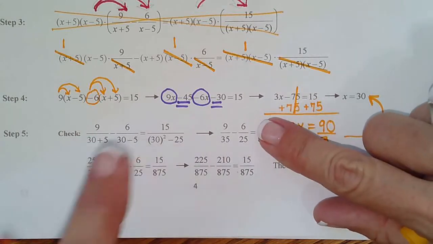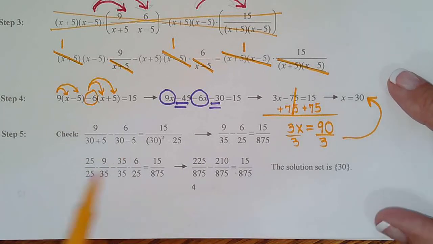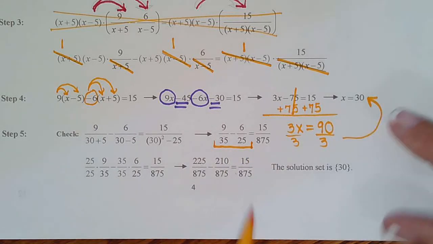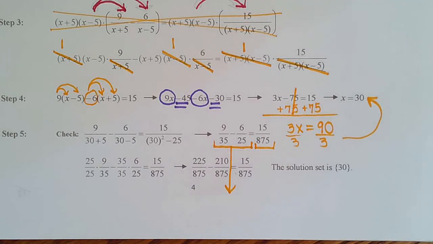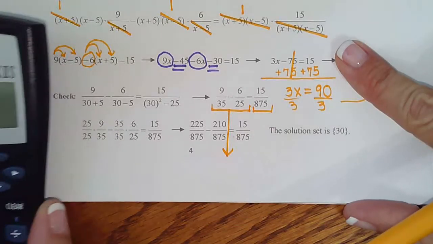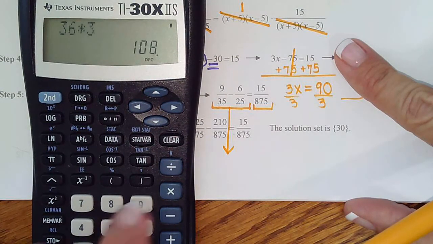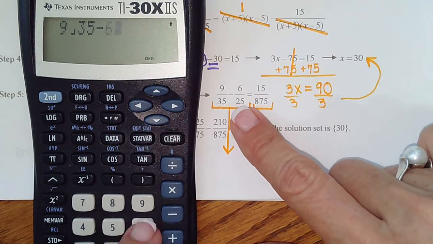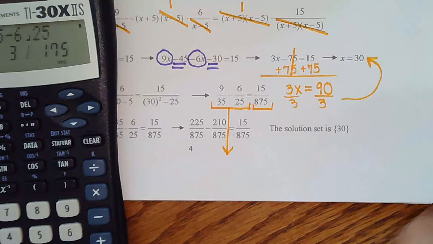And then all you have to do is, so none of this is necessary. I would just go straight into the calculator. So when I do this on the calculator, I'm going to do 9 fraction bar 35 minus 6 fraction bar 25, and I get 3 over 175.